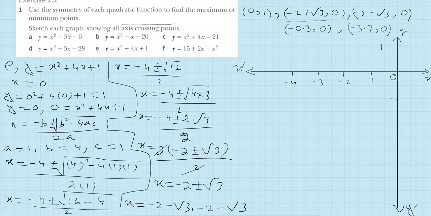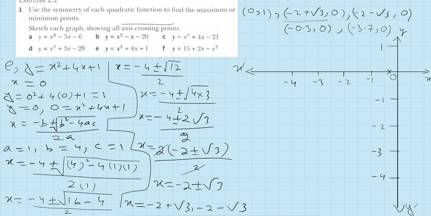1, minus 1, minus 2, minus 3, and minus 4. Now plot the points. This is minus 0.3 and 0. So this is minus 0.5, and obviously before minus 0.5 the one is minus 3.